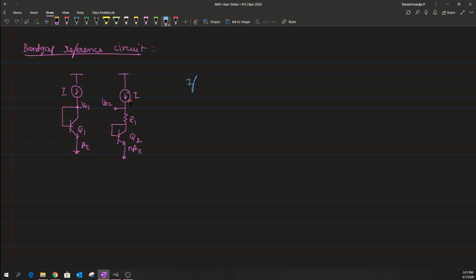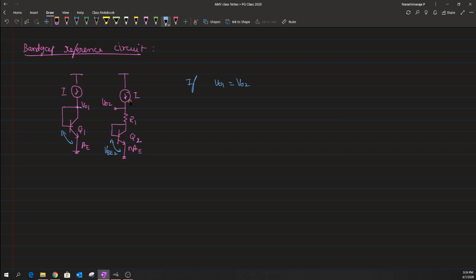Now, if we somehow make the VO1 to be exactly equal to VO2, that is the potential of this node and the potential of this node, if we are able to make them equal, then one could write that VO1 is nothing but the VB of the first transistor, and that VB1 basically has to be split across two components across our VO2. So, VO2 is nothing but the potential that drops across the resistance as well as the VB2.